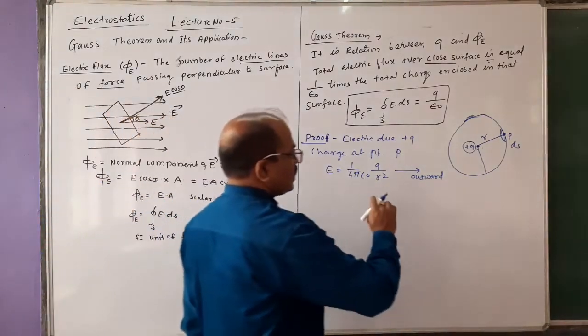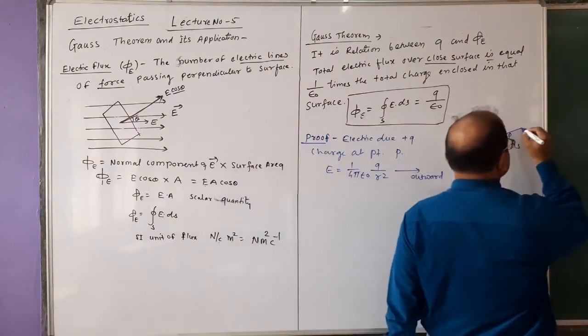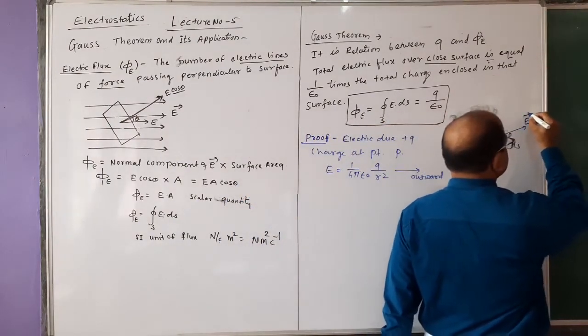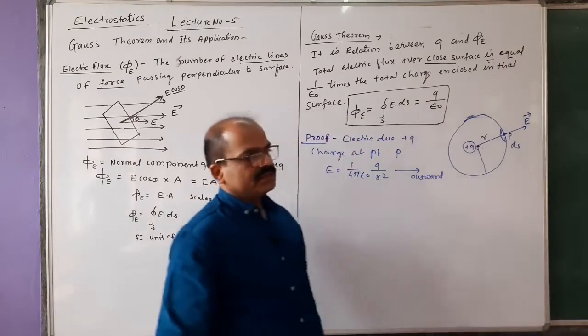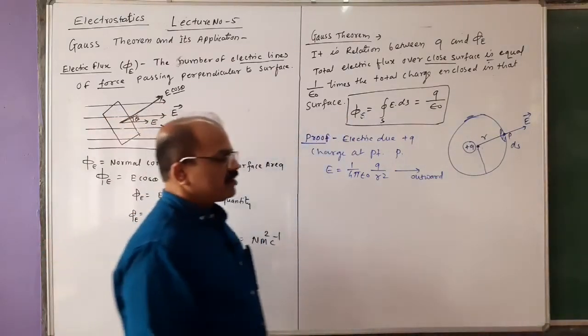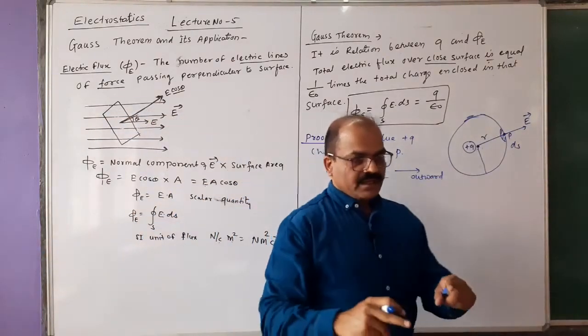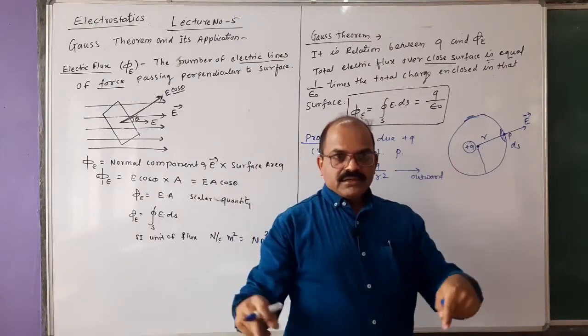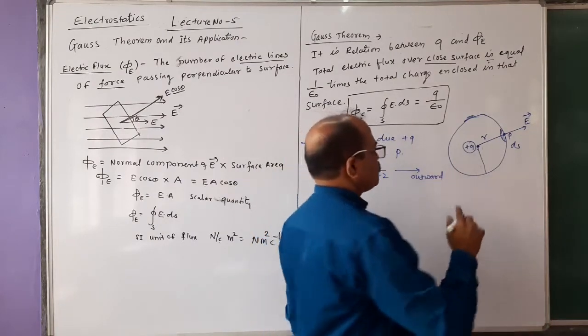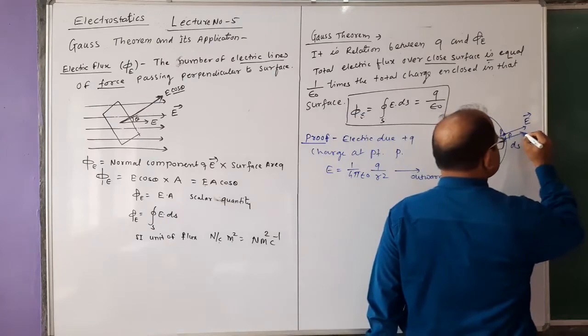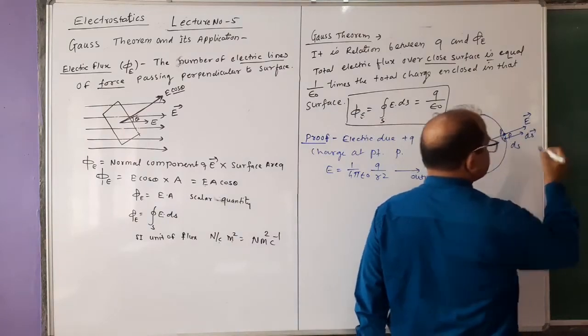The surface element of the sphere, perpendicular to the curved surface, is also in the same direction, so the angle between E and dS is 0.